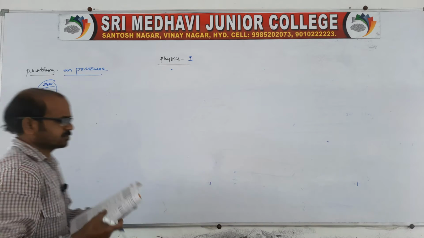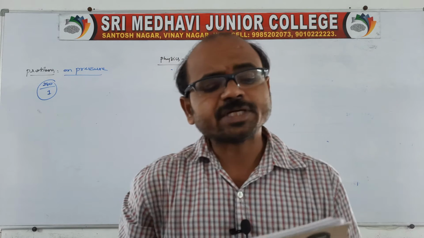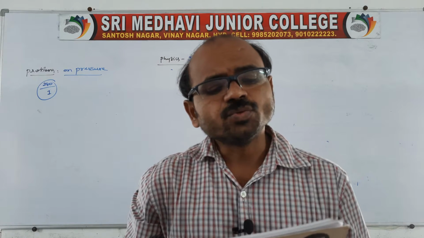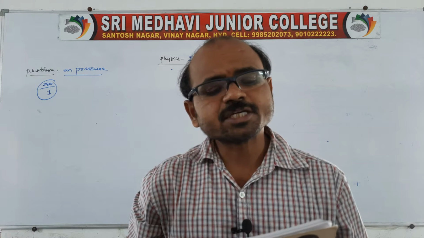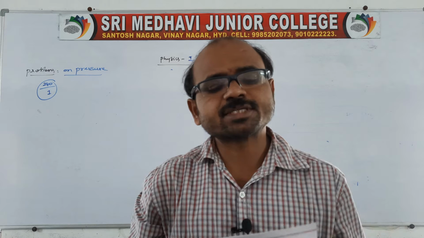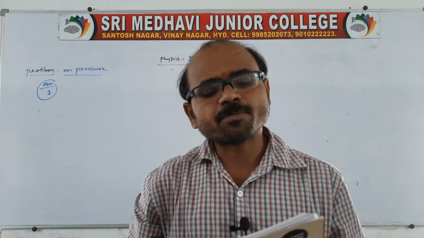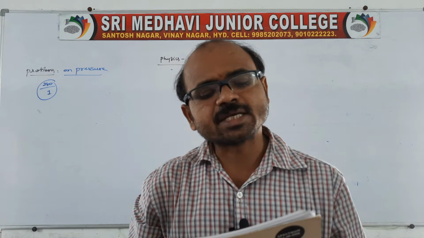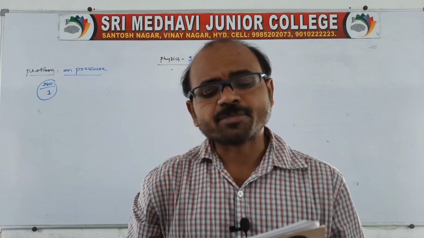Read the questions carefully: what is being asked and what we need to find. Two thigh bones, each of cross-sectional area 10 centimeter square, support the upper part of the human body of mass 40 kg. Estimate the average pressure sustained by the femurs.